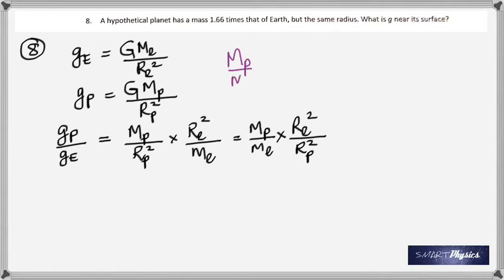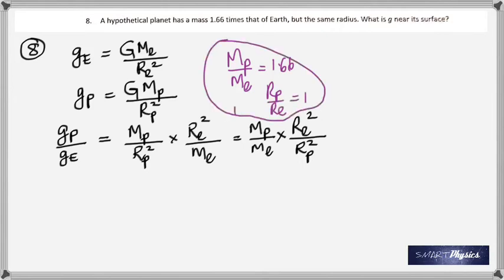Just rearrange them now, and it says that the ratio of the mass of the planet to the mass of the Earth is 1.66, while the ratio of the radii is 1, because they have the same radius.